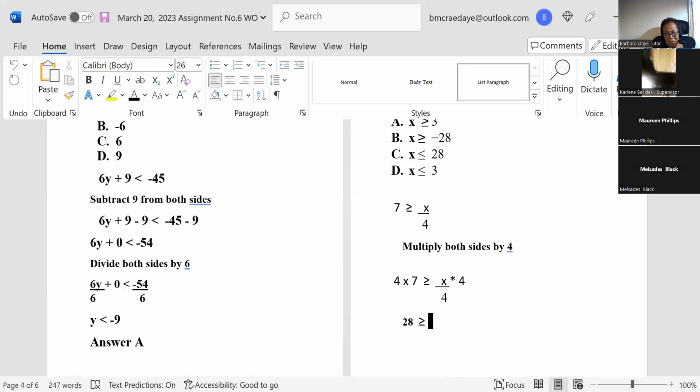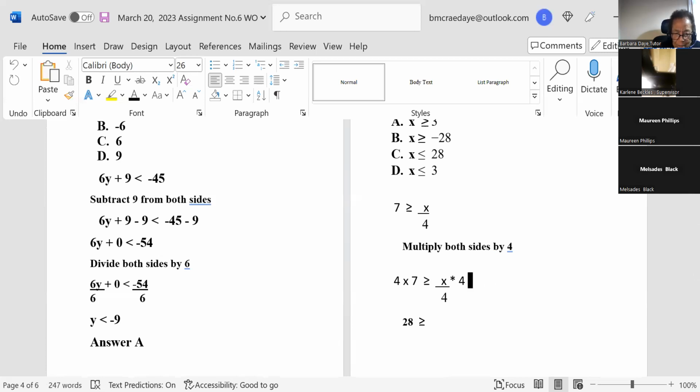I'm going to say x divided by 4 multiplied by 4. What does that give you, Mercedes? I don't understand that little part there. 1. X times 4.